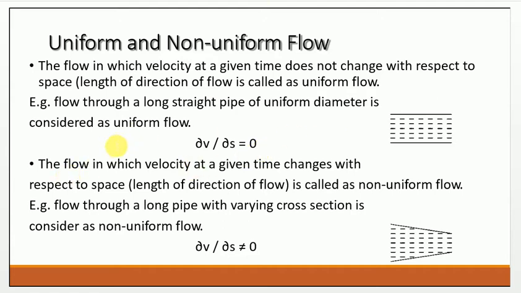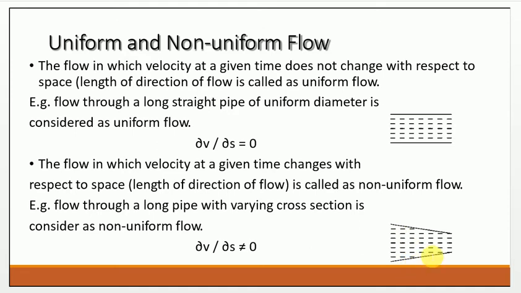In a non-uniform flow, the velocity at any given time changes with respect to space. Here we have a change in the cross section. If there is a change in cross section, there will probably be some difference in velocity as well as pressure. In this example, at the starting, the velocity will be low and the pressure will be high.